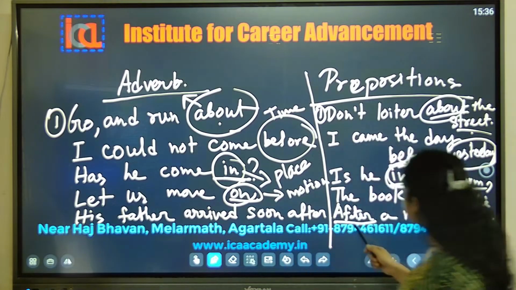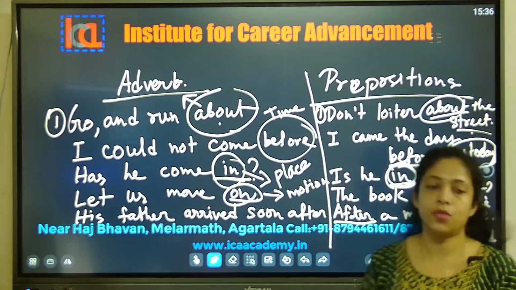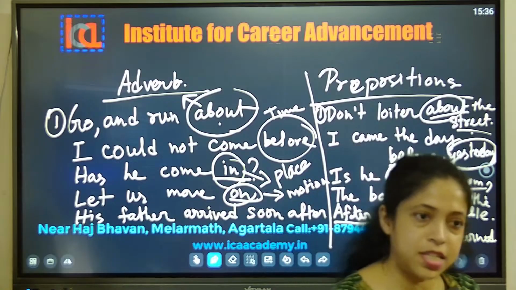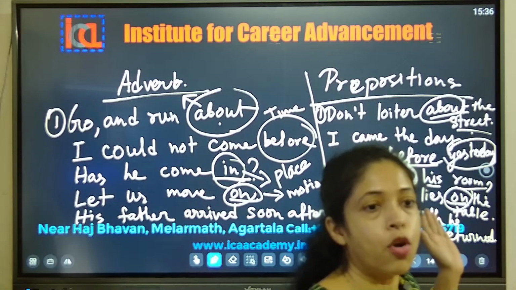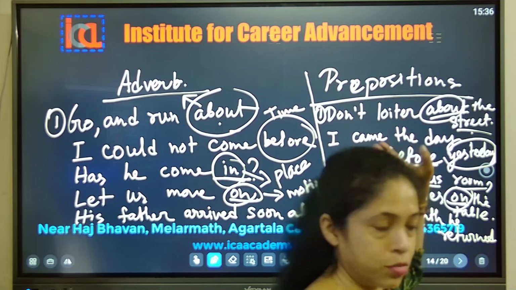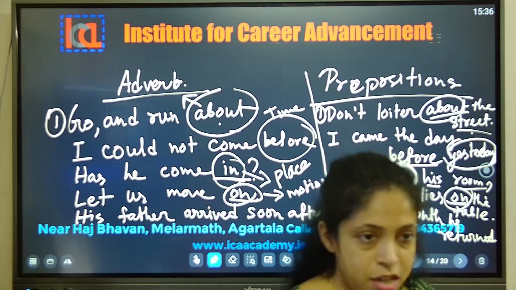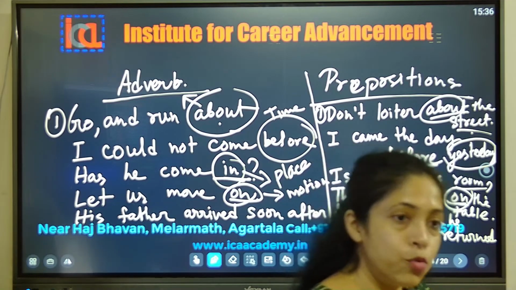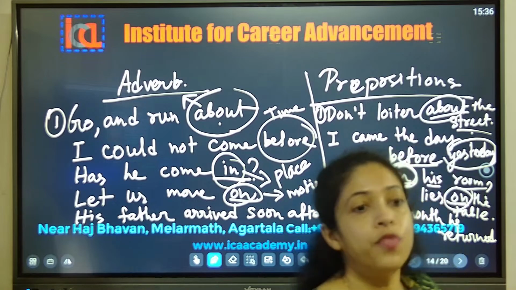Next is, after a month he returned. You just see, we say that after is a preposition. Why has it become a preposition? You say it on your own. Firstly you said month. We know that month is a noun. And returned is an action or movement, and any movement word or action word goes to verb.